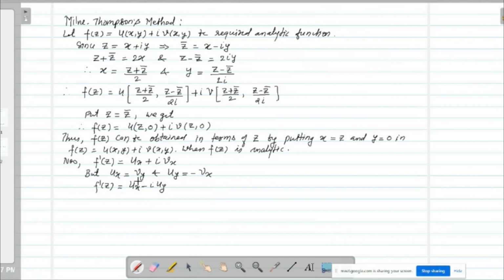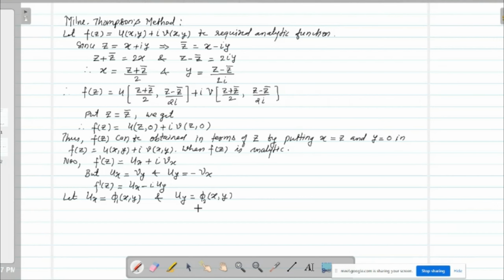Now here we let ux equal to the function phi 1 of x comma y, and uy equal to phi 2 of x comma y.